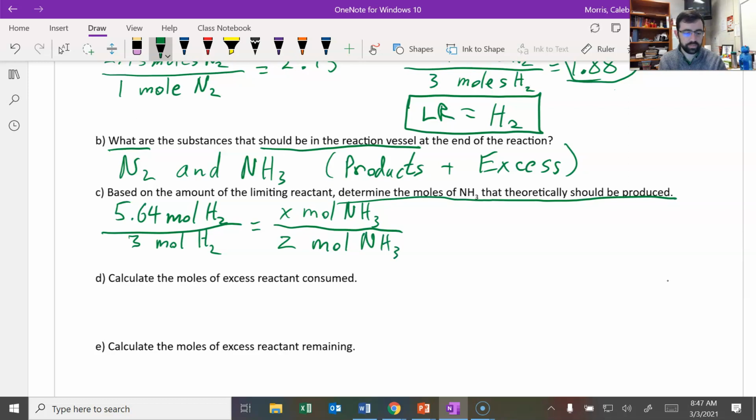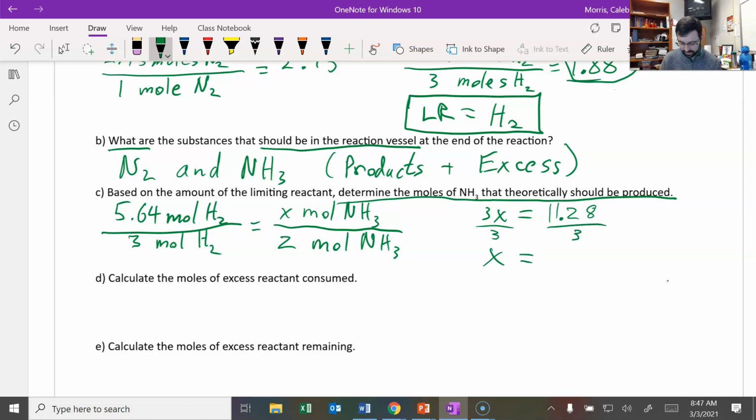Now we just cross multiply. We end up with 3x equals 5.64 times 2, which is 11.28. And I'm eventually going to round to 3 sig figs. Okay, so at this point, I need to divide both sides by 3. So x equals 11.28 divided by 3.